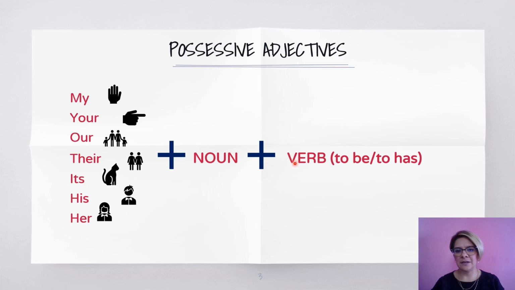And after this, I need a verb, and I can use the verb to be and to have. Remember that we have already learned these verbs in the first lessons. Here you can see that we are combining something we already know, something that we learned in previous lessons, with something new.